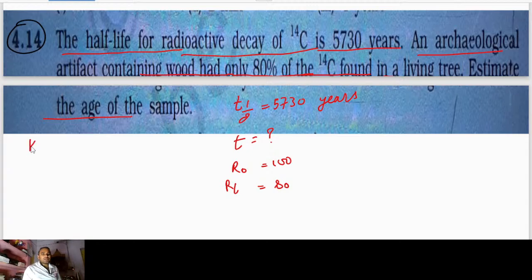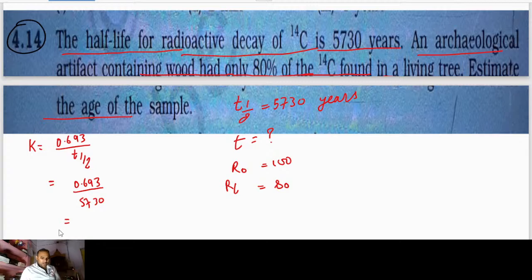So K is equal to 0.693 upon T1 by 2. So here, putting the value 0.693 and T half value, you can see, student, 5730. So now just plug in the value and see how much is coming, student.